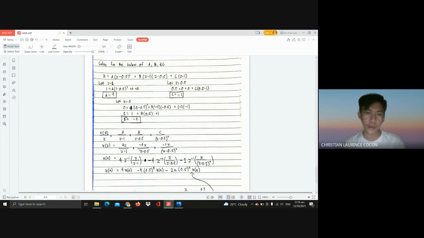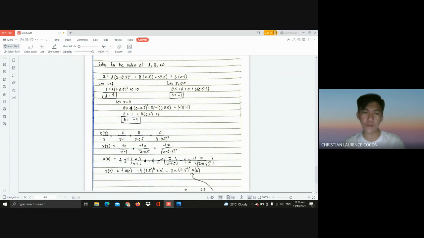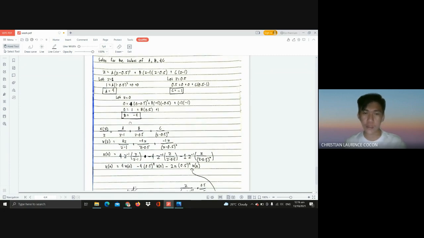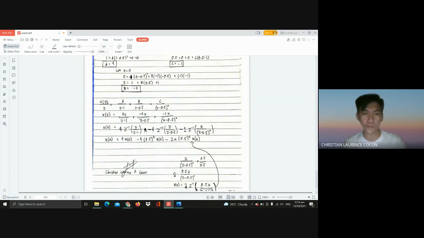So we have 0 is equal to 1 plus B multiplied by 0.5 plus 1. By solving, we get the value of B, which is negative 4.